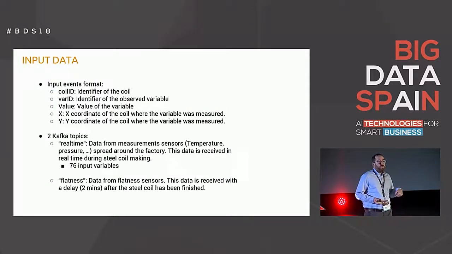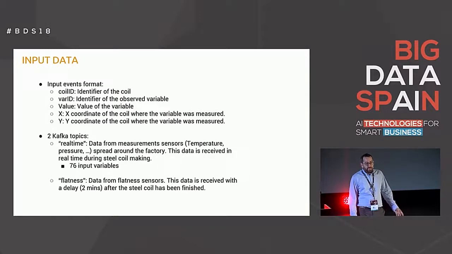The events that we receive have this format. We know the coil ID, the identifier of the coil, only to identify and number the coil. Bar ID is the identifier of the observed variable.